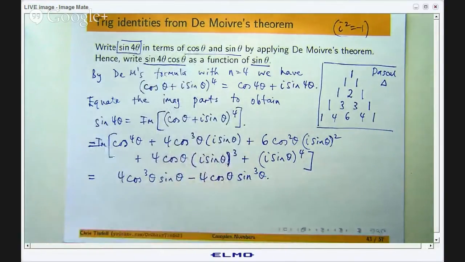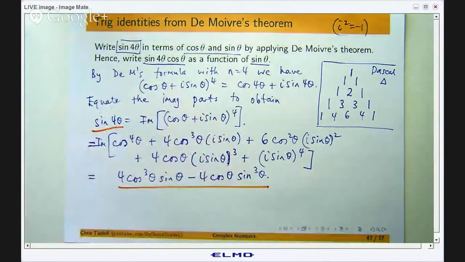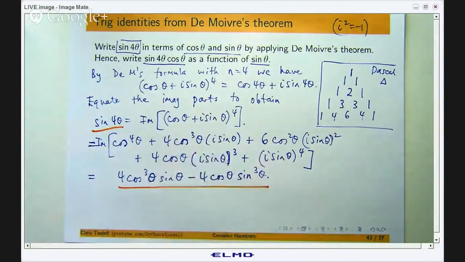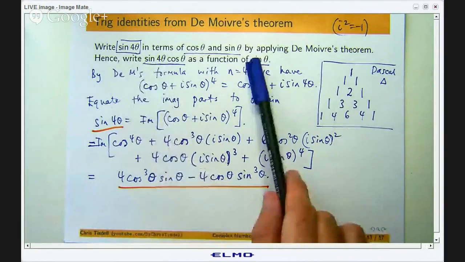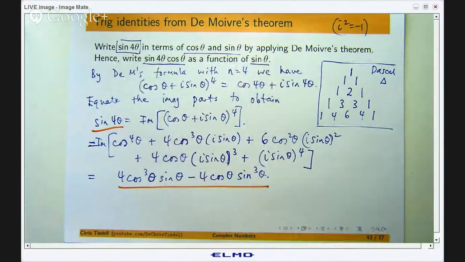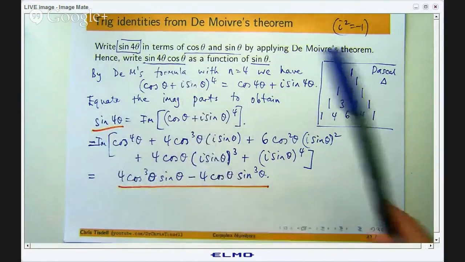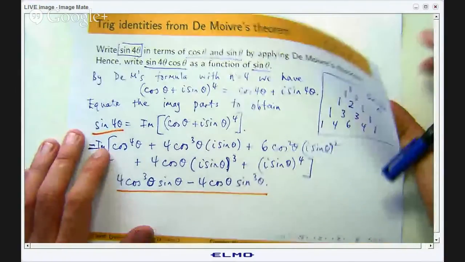We have obtained sine 4 theta in terms of cosine theta and sine theta. Okay, so the next part is writing this product as a function only of sine theta. So what I can do is take this, multiply both sides by cosine theta, and then hopefully it will simplify.